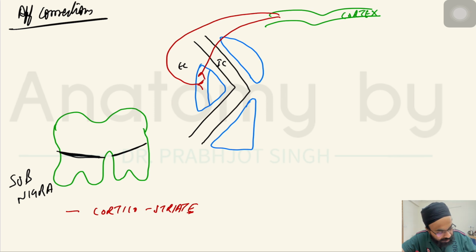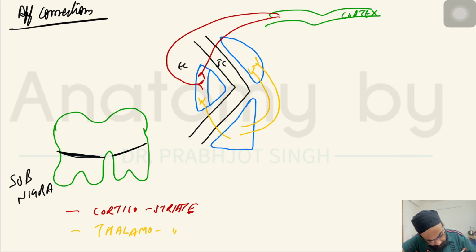Then from thalamus, it is again relayed into the corpus striatum, into the caudate as well as into the putamen. So these are known as your thalamostriate fibers.